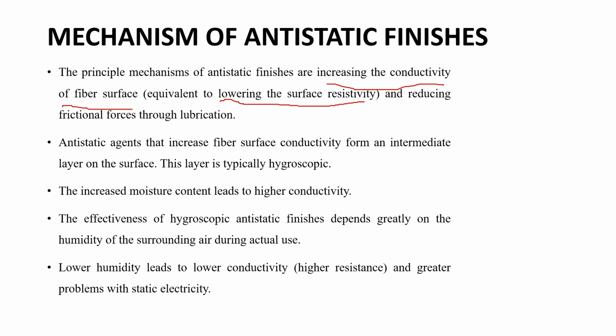The effectiveness of hygroscopic antistatic finishes depends greatly on the humidity of the surrounding air during actual use. Lower humidity leads to lower conductivity, which means higher resistance and greater problems with static electricity.